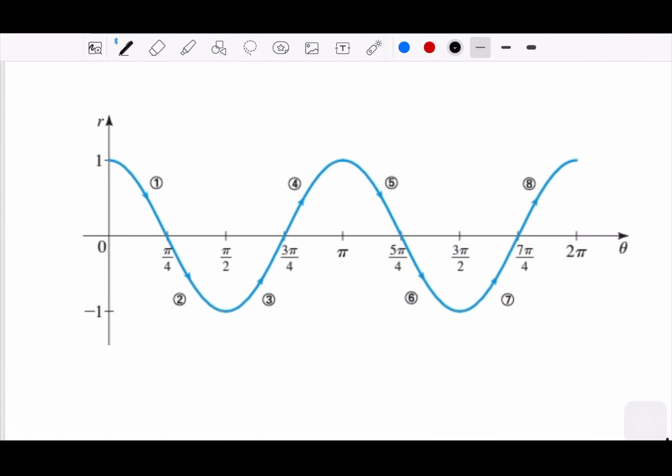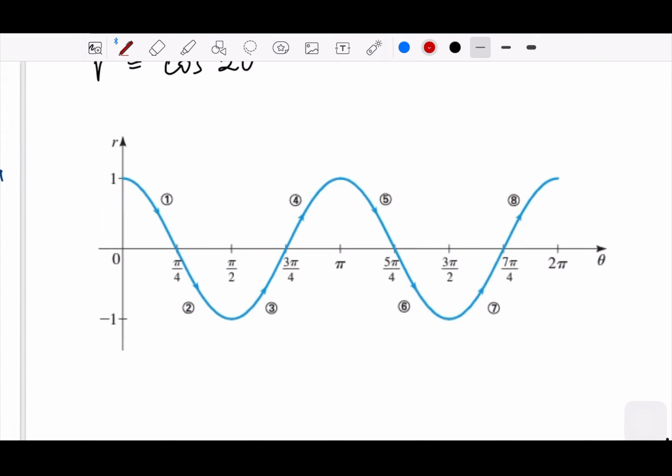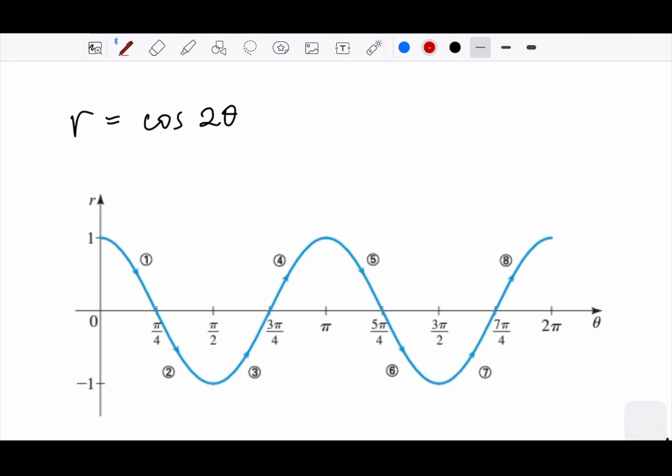So first we take some special values. Let's say pi over 4, pi over 2, 3 over 4 pi, and then up until 2 pi. Because we have this 2 inside, and remember 2 means we have a different phase. Different phase means the period will be different.